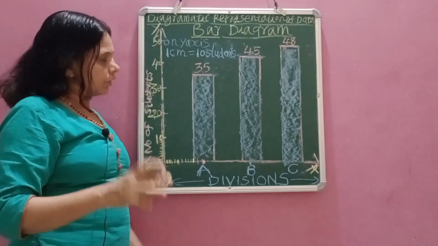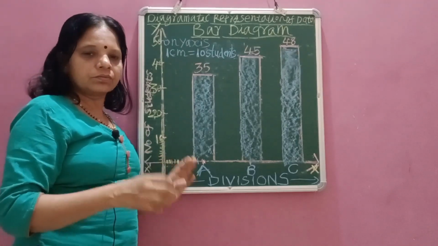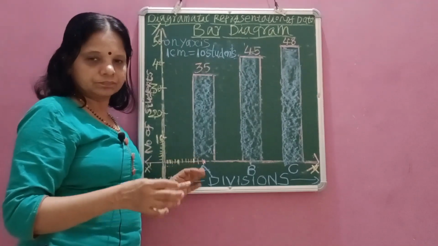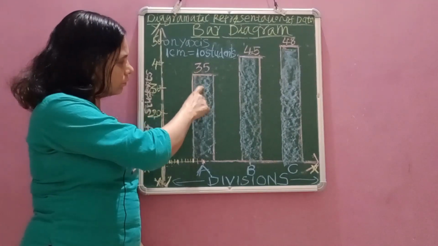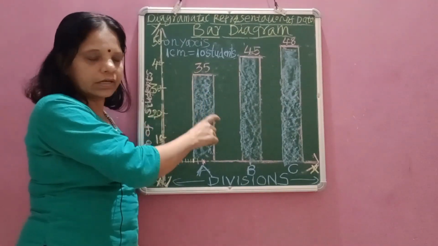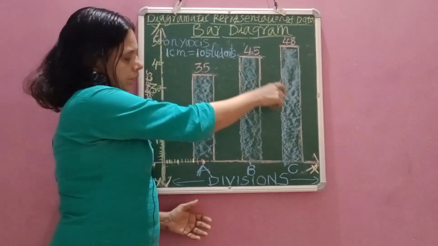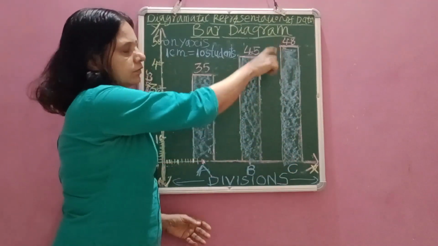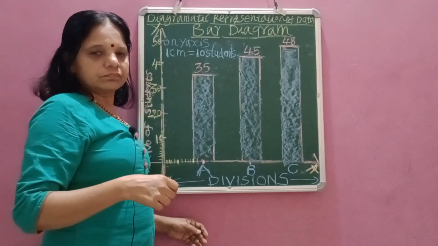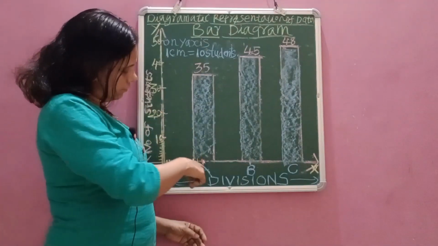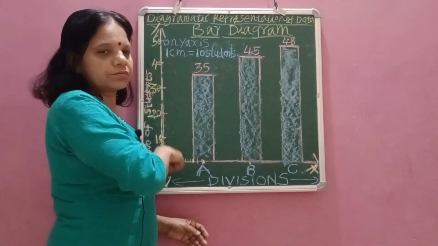Clear? So graph paper can be used to draw the bar diagram. Now looking at the figures, you can realize that division C has the maximum number of students and division A has the minimum number of students.